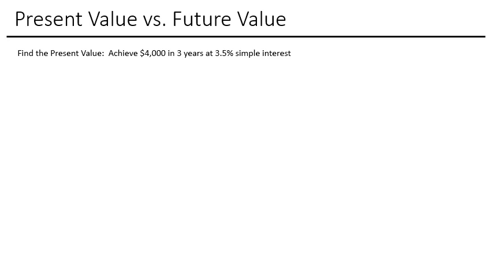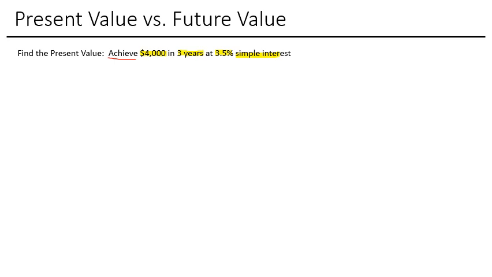But then you have this interesting word right here, which is achieve. You want to achieve $4,000 in 3 years at 3.5%, and this is simple interest, so I'm using my simple interest formula.